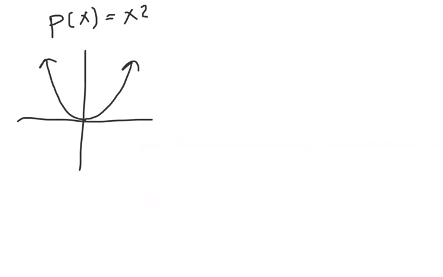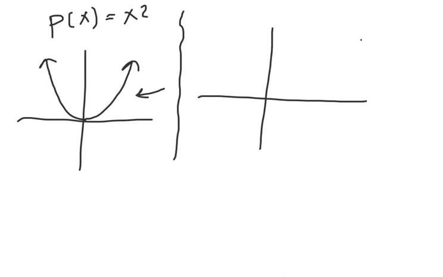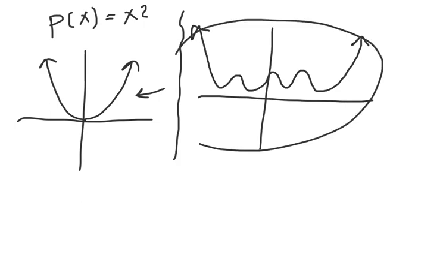Sometimes a polynomial has an even degree and it doesn't just look like that. It looks, for example, like that: up, down, up, down, up. But the degree of this polynomial is even.